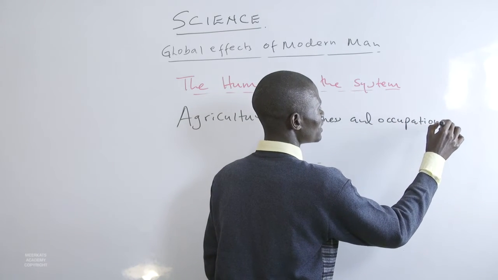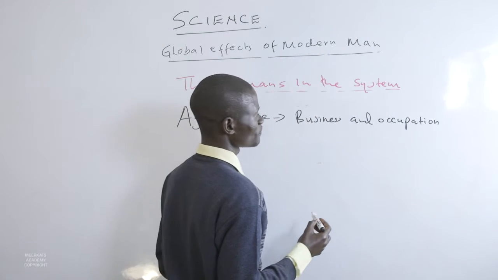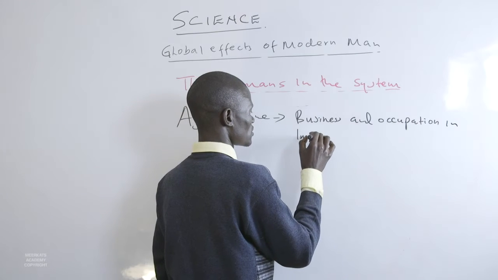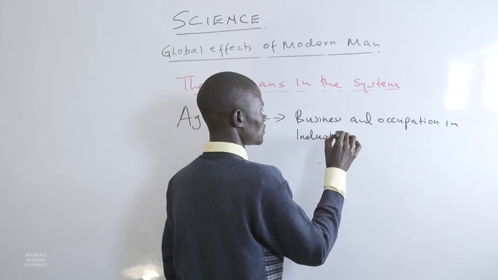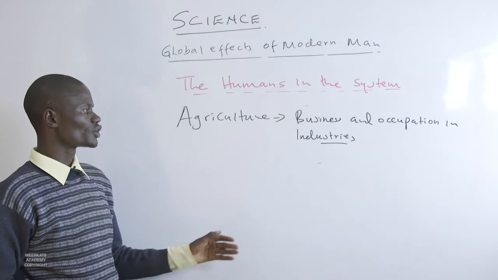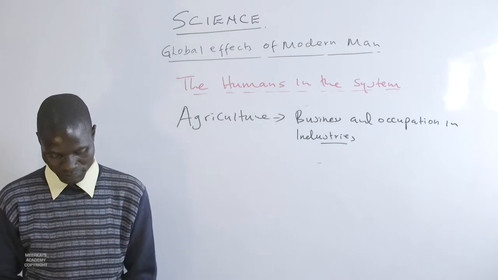There were various models of business and industrial occupation, and occupation in industries. This led to what we call the Industrial Revolution.